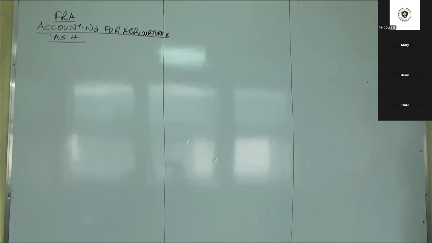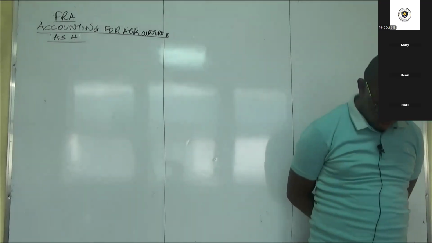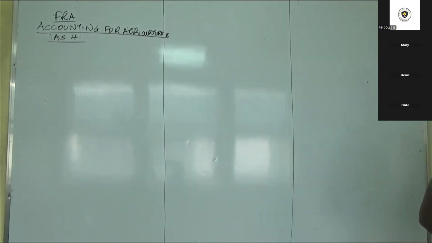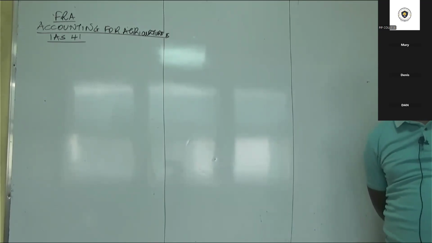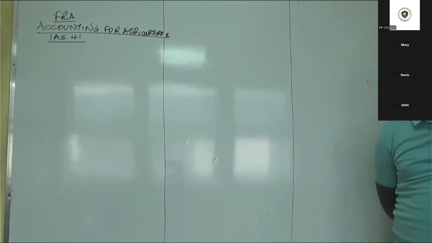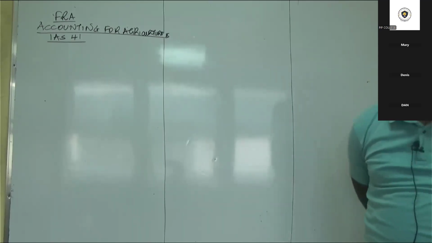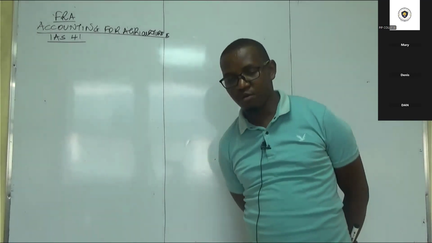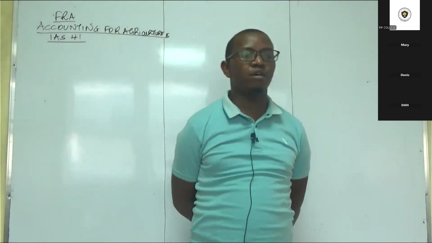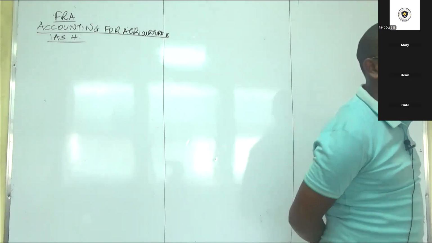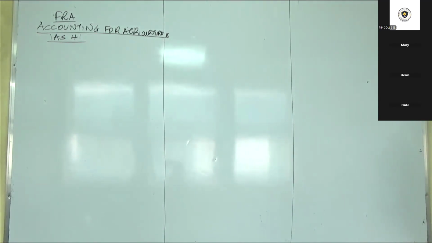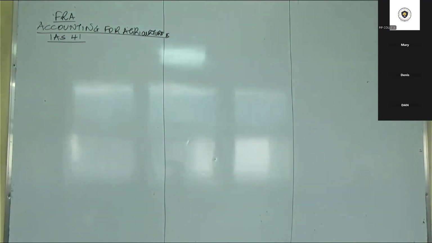So you can begin by saying, IAS 41 provides for accounting for farming activities, which is animal and crop growing for profit generation.